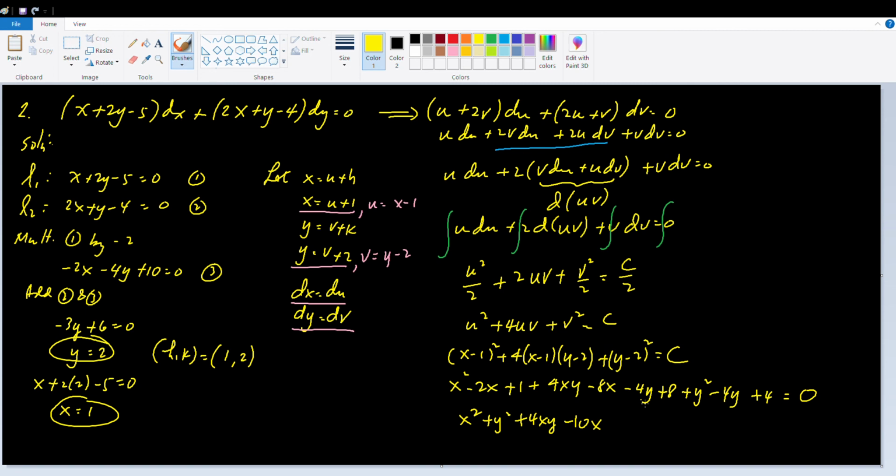Then negative 4y and negative 4y is negative 8y. Sorry, there is a c here. It should not be 0. It is a constant. So 1, 8, and 4 will all combine into a single constant together with the constant c there. Let us call it c1. And that is our final answer.